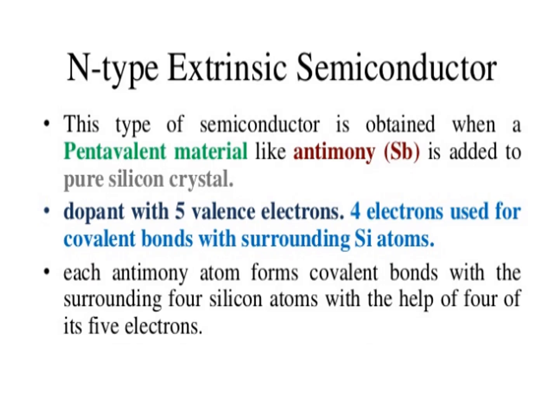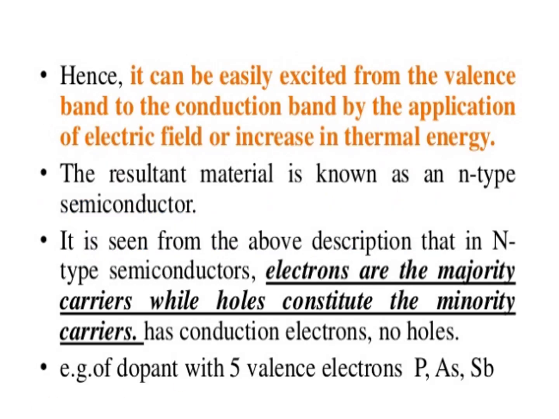Then what will happen? The dopant has 5 valence electrons, 4 valence electrons used for the covalent bonds surrounding the silicon atoms. Each antimony atom forms covalent bonds with the surrounding 4 silicon atoms with the help of the 5 valence electrons.